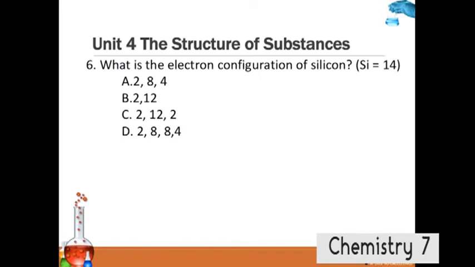What is the electron configuration of silicon? Silicon has 14 protons. The options are: 2, 8, 4; 2, 12; 2, 2, 8; and 8, 4.